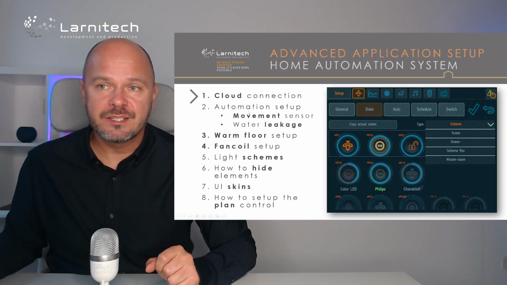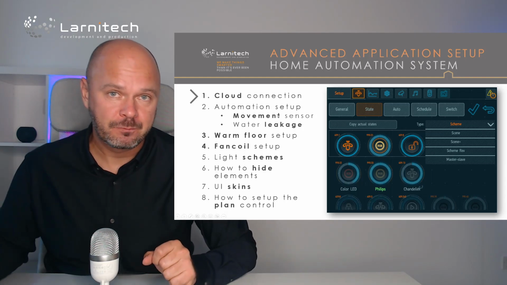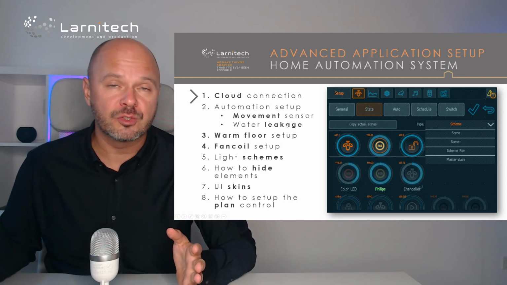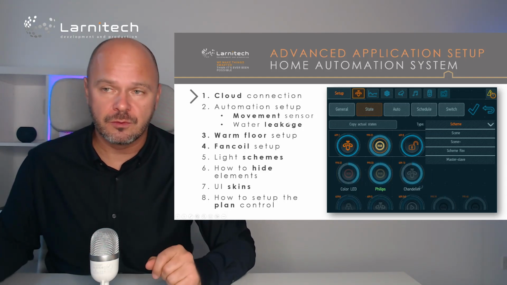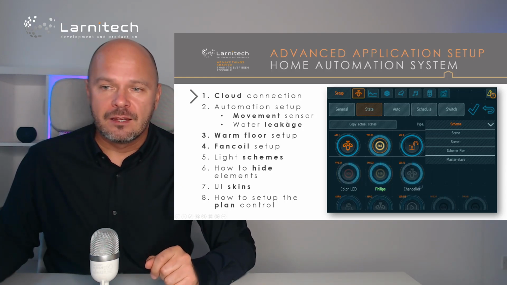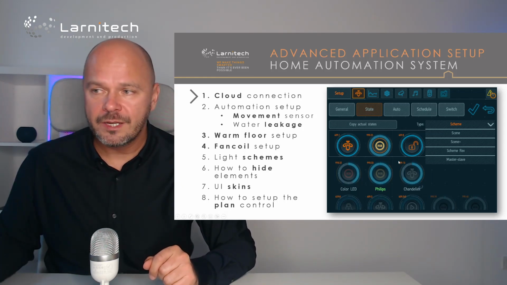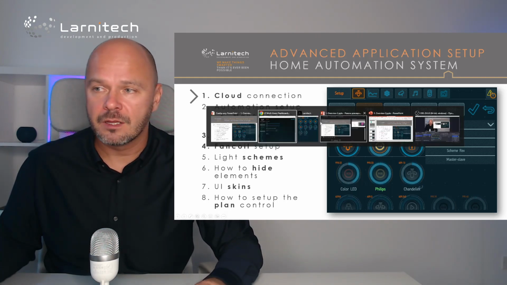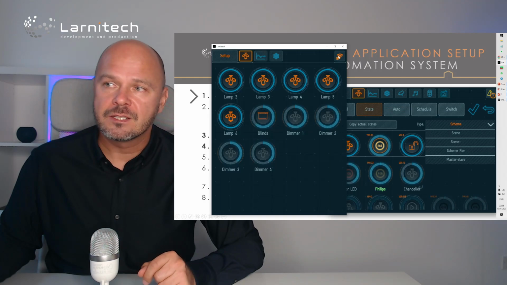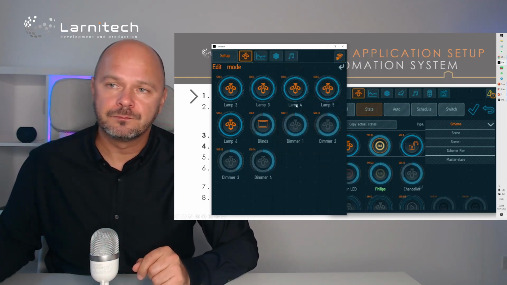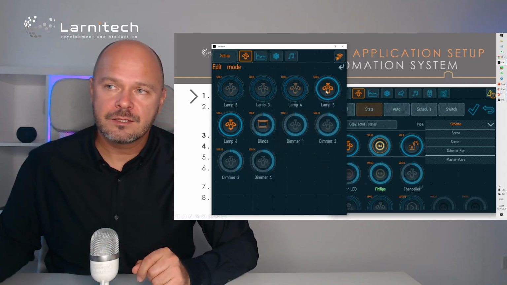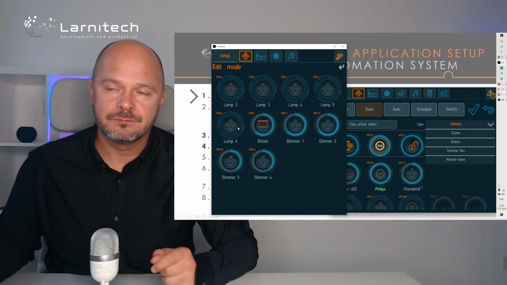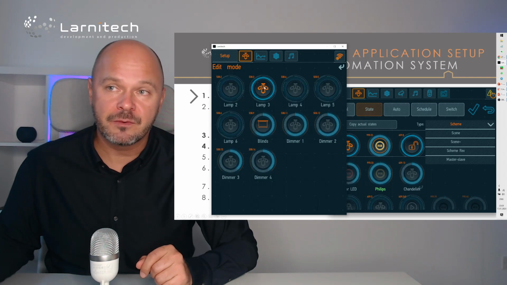The next topic is automation setup. We can have some additional automation, not only switch control, of course. To do so, we are going to visit this part of our application. So we go to edit mode and we want to control a lamp, maybe lamp number 3.